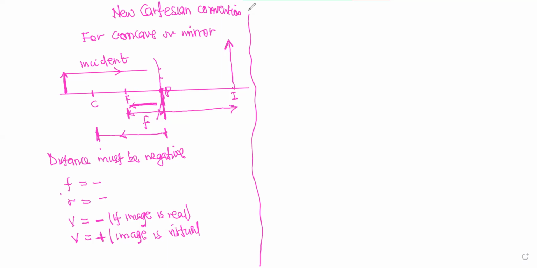An object is placed at 20 centimeter and at 5 centimeter from a converging lens.